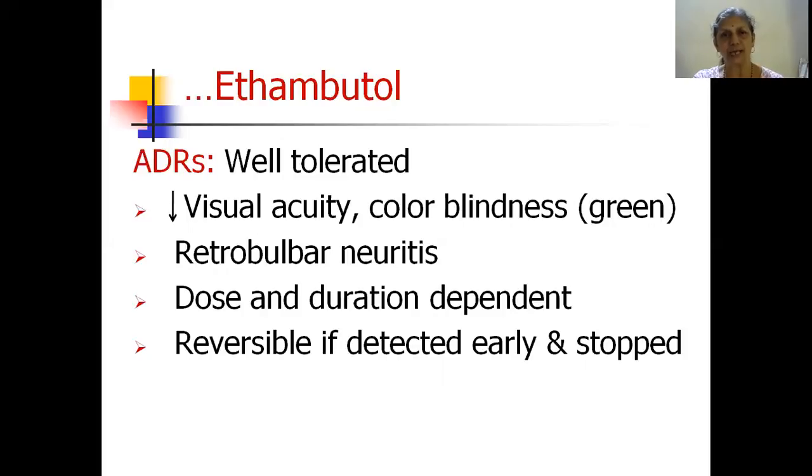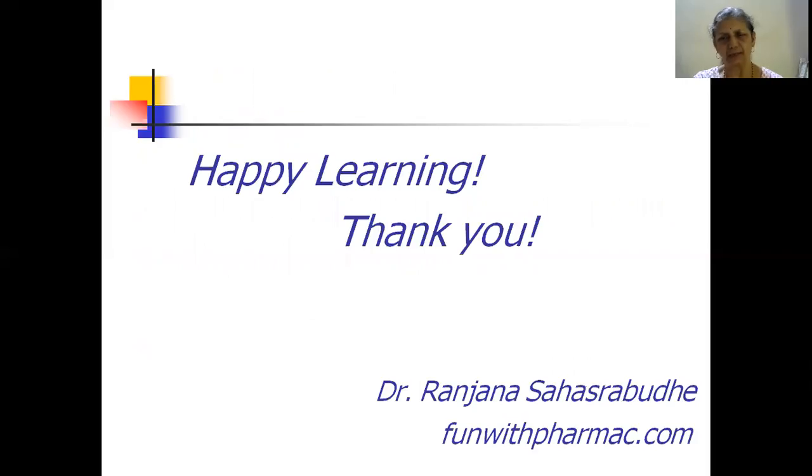But now we know that ethambutol is continued into the continuation phase, and therefore, the patient would be told to report any problem in vision, and appropriate checkup would be done, and if the adverse effect manifests, then we may be forced to change to another drug. So that is the peculiar adverse effect of ethambutol. Visual acuity is interfered with and color blindness may occur.